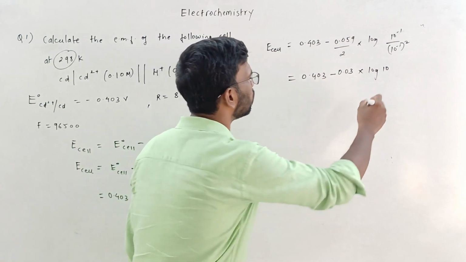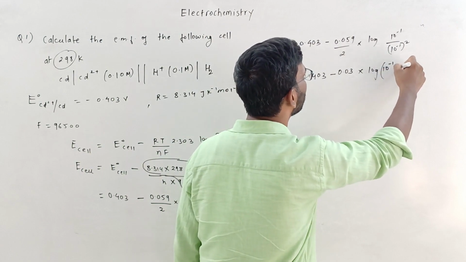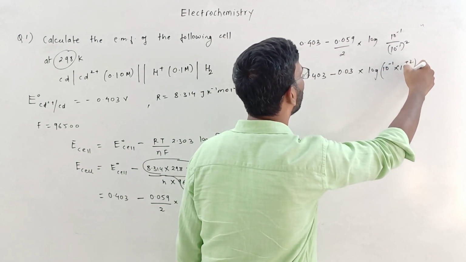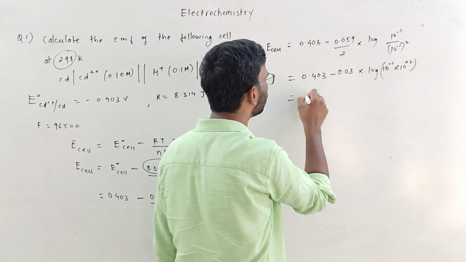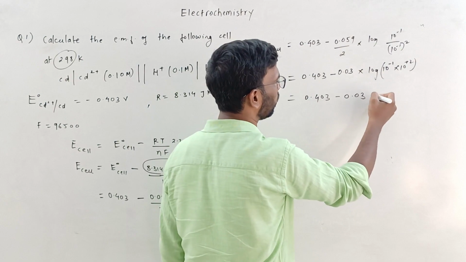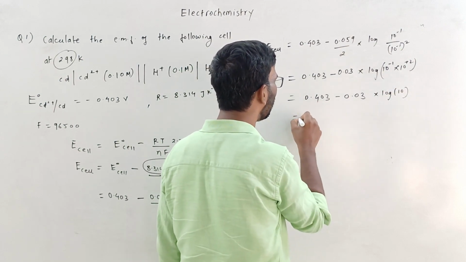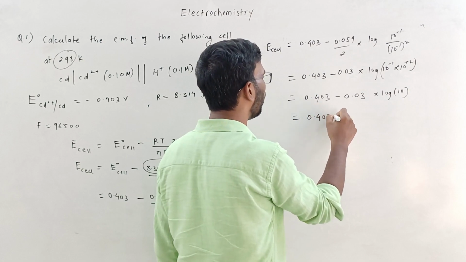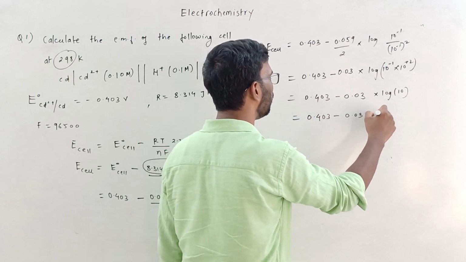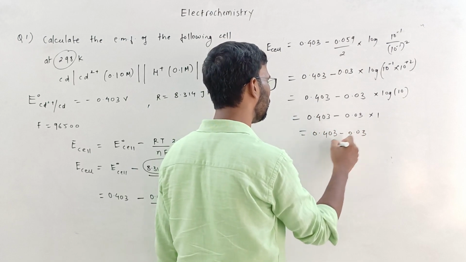How? This is 10 raised to 1, this is 10 raised to minus 1, and this is 10 raised to plus 2. So this will be 10 raised to 1. So 0.403 minus 0.03 into log of 10. What is log of 10? Log of 10 is 1. 0.03 into 1. So 0.403 minus 0.03.